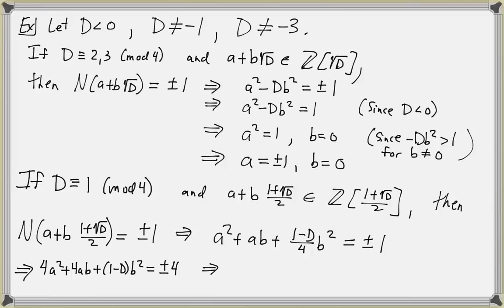And just expanding this a little bit, we see that 4a squared plus 4ab plus b squared minus capital D b squared equals plus or minus 4. And I notice that the first three terms can be factored.